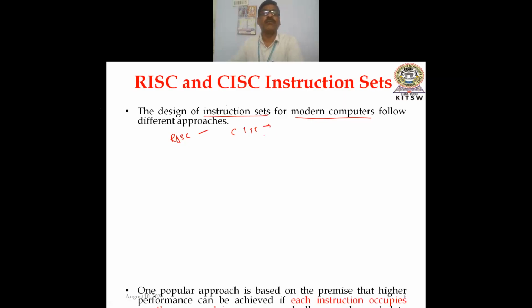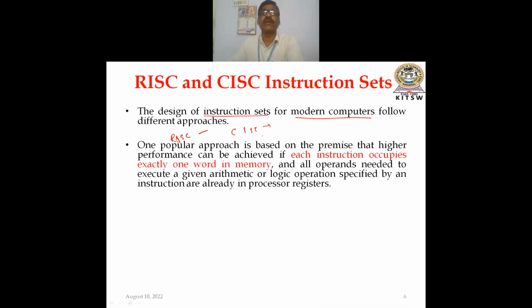These are the two different approaches used by modern computers to design instruction sets. One popular approach is based on the premise that higher performance can be achieved if each instruction occupies exactly one word in memory. This is a very important point; we have to note it down.